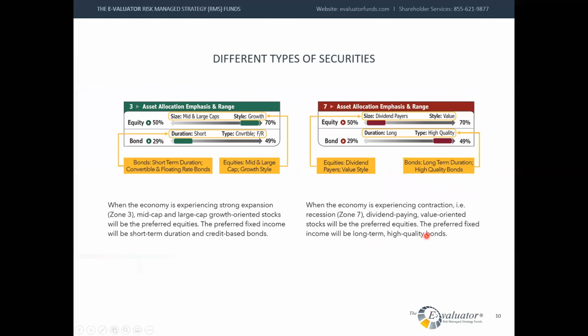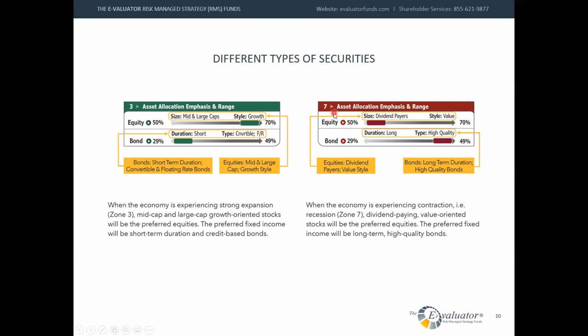So not only are we looking at sliding the equity allocation from minimum to maximum, but inside each asset allocation zone, we're going to be looking for different types of securities. So in zone 3, we'd be looking more for mid-cap companies, mid-sized companies, and large companies that are growth-oriented.